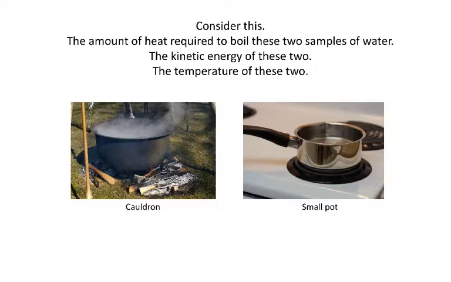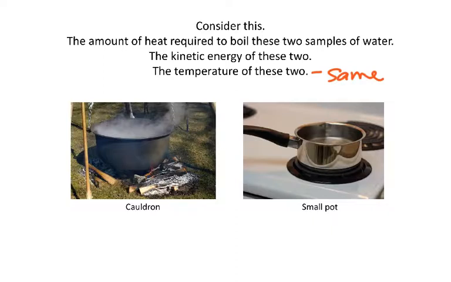If they're both boiling, they're at the same temperature, right? 100 degrees Celsius or 212 degrees Fahrenheit. That's the boiling point of water. Doesn't matter how much water you have, it's always the same temperature. And why is that? Because temperature is the average kinetic energy.